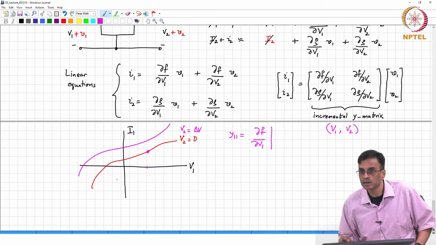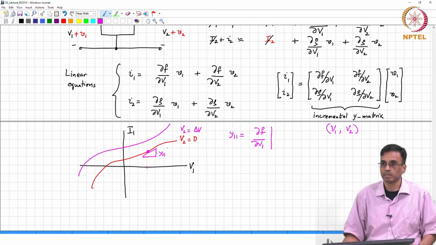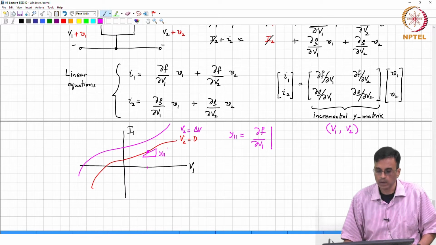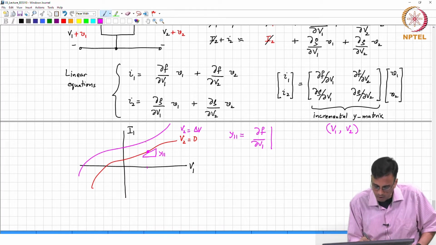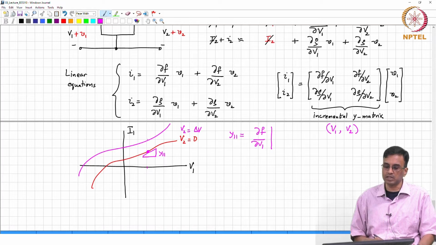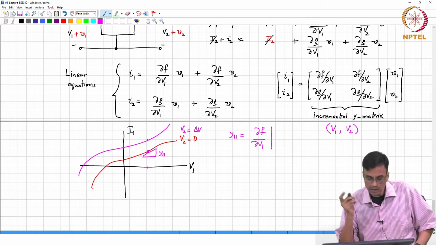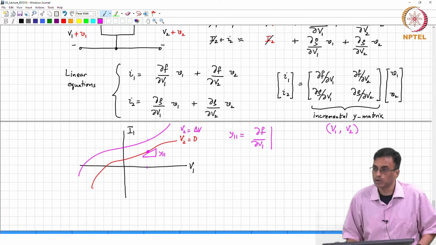The slope at this point is y11. Now, what other information can I get from these two pictures at that operating point? How can I get y12?